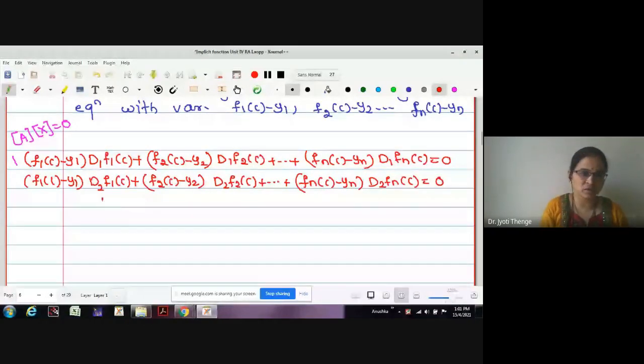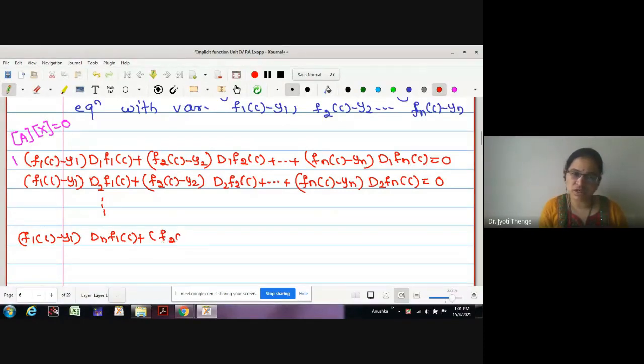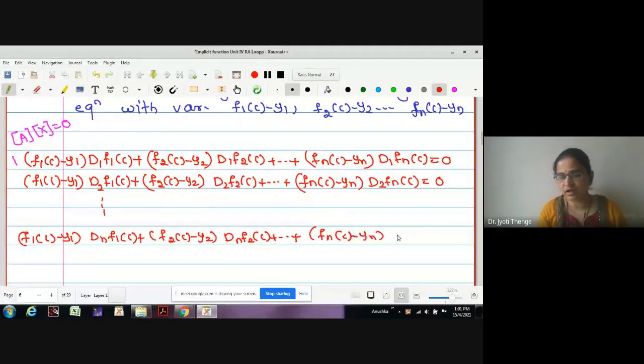What will be my nth equation? (f1(c) minus y1) Dn f1(c) plus (f2(c) minus y2) Dn f2(c) plus (fn(c) minus yn) Dn fn(c) is equal to 0.